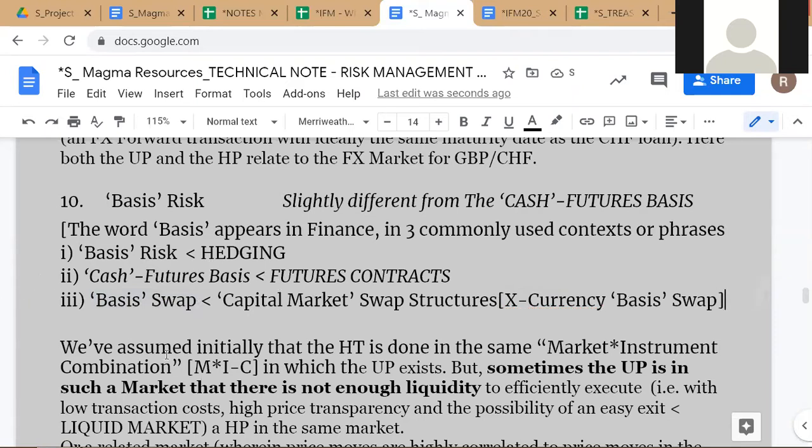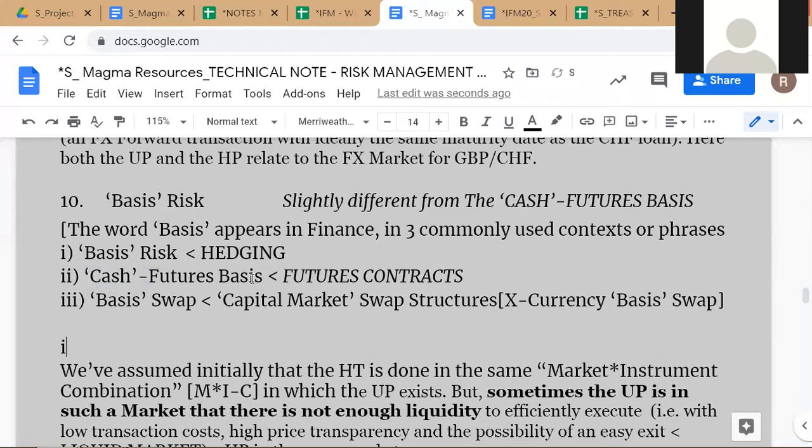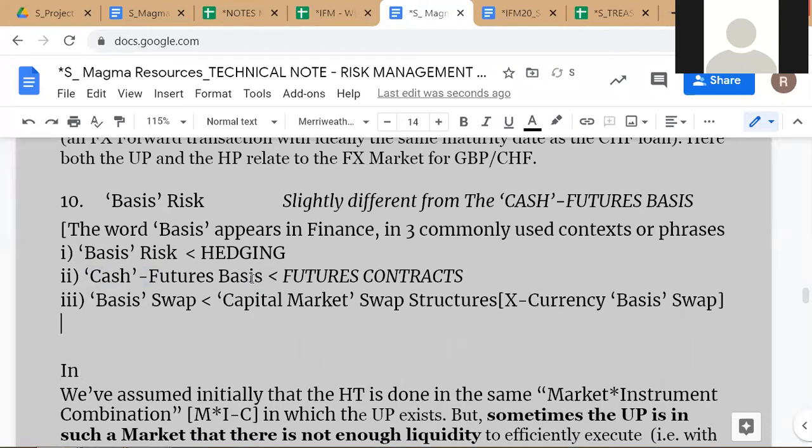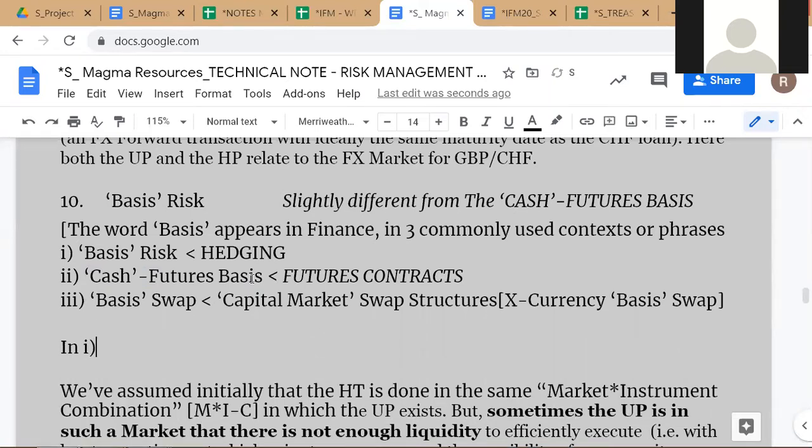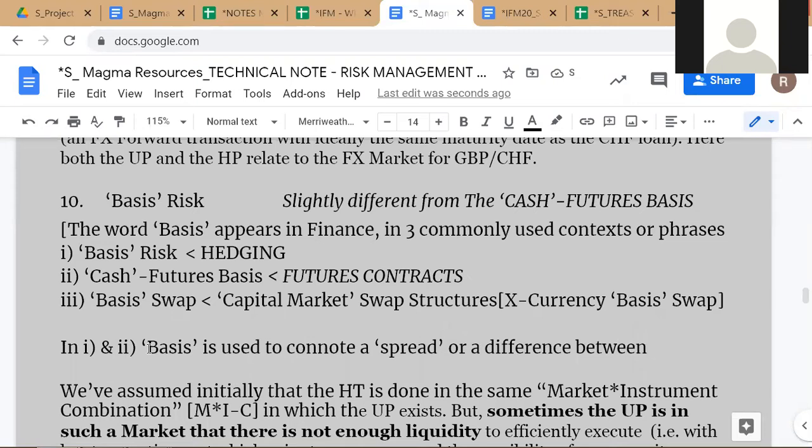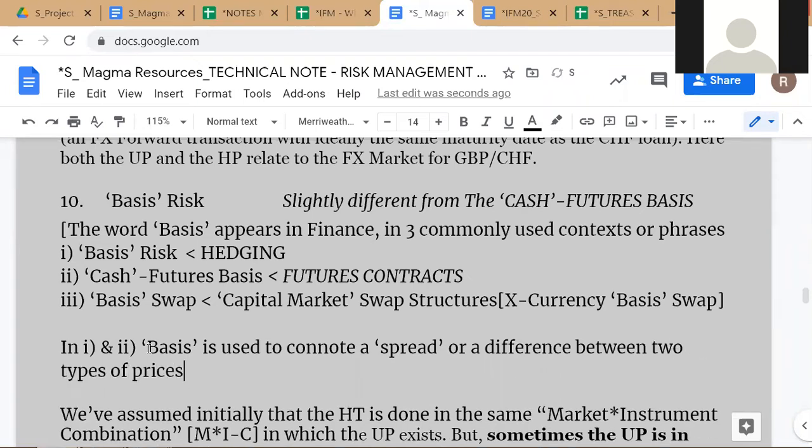So these are the three contexts in which you will see the word basis appearing in finance. And in 1 and 2, basis is used in the sense of a difference: prices of futures, prices of cash market product.